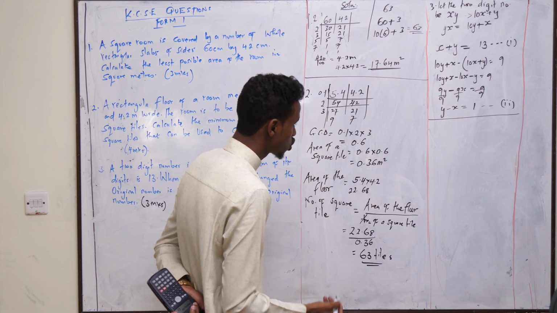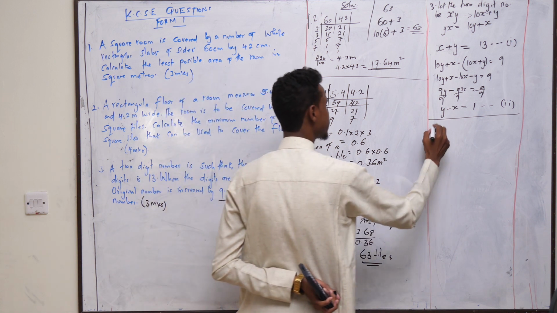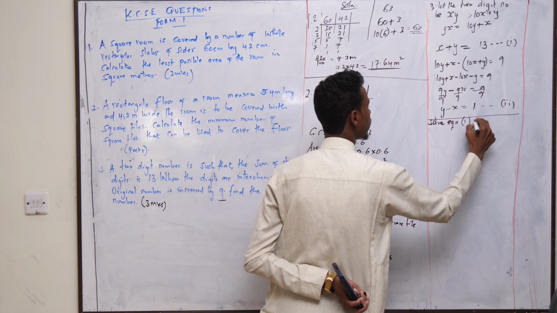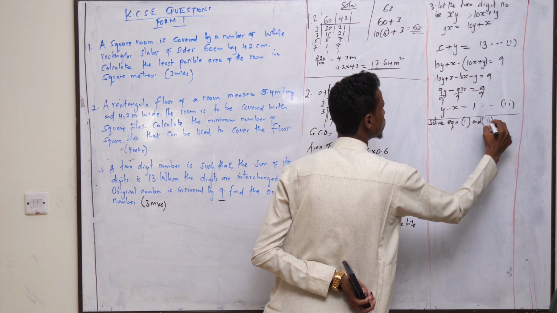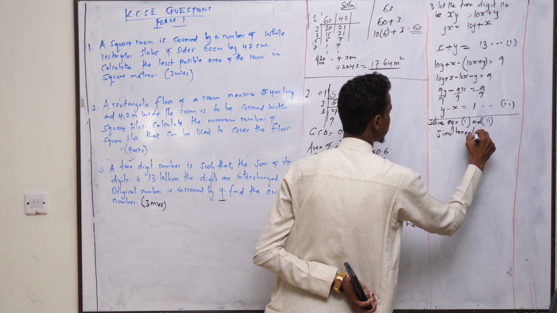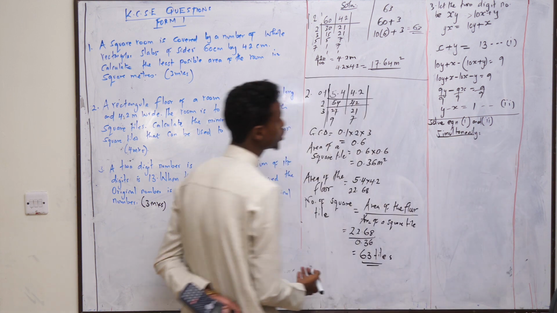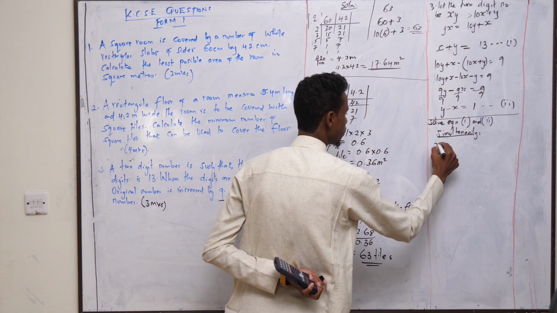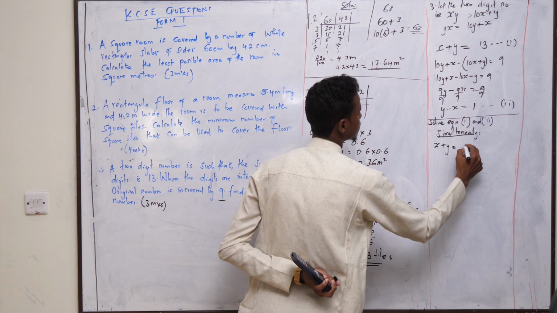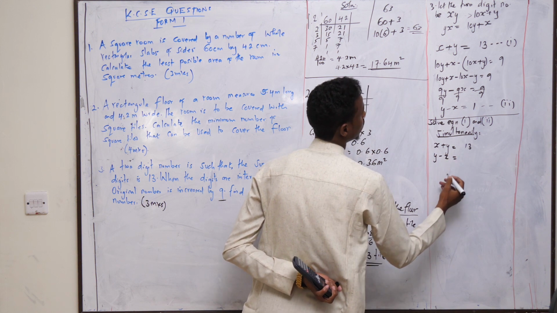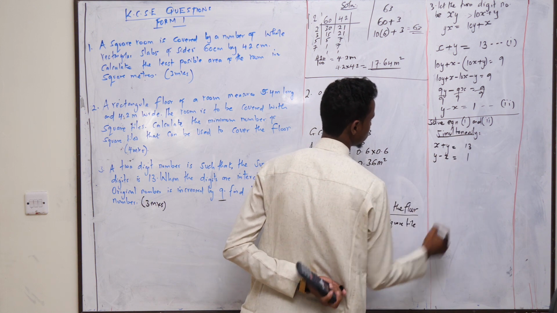Now, solve equation 1 and 2 simultaneously. Now, solving equation 1 and 2 simultaneously, class, we are going to get x plus y will give us 13, and y minus x which also gives us 1, right?